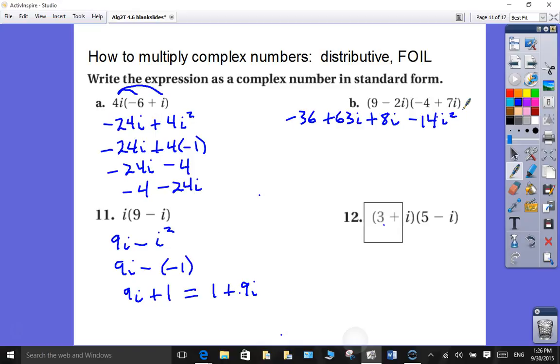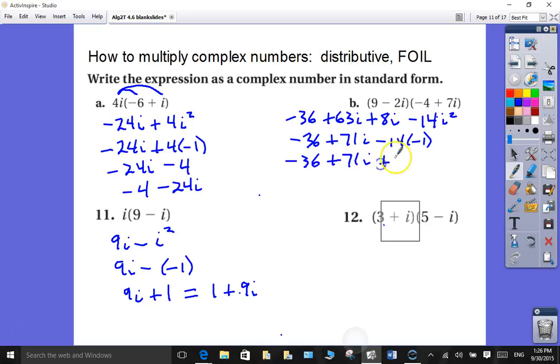I mean, you can see that the imaginary parts are going to be these two. And then that you have to turn into a negative 1 so that you can combine that with that. So this is negative 36 plus 71i minus 14 times negative 1, which is negative 36 plus 71i plus 14, which is negative 22 plus 71i.